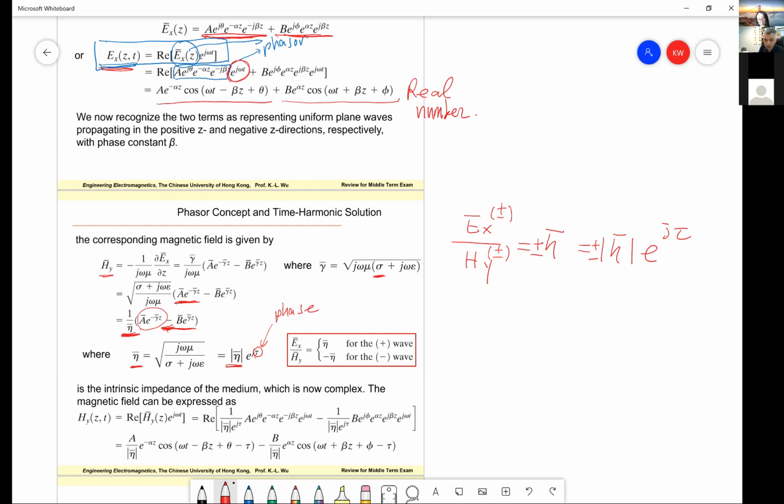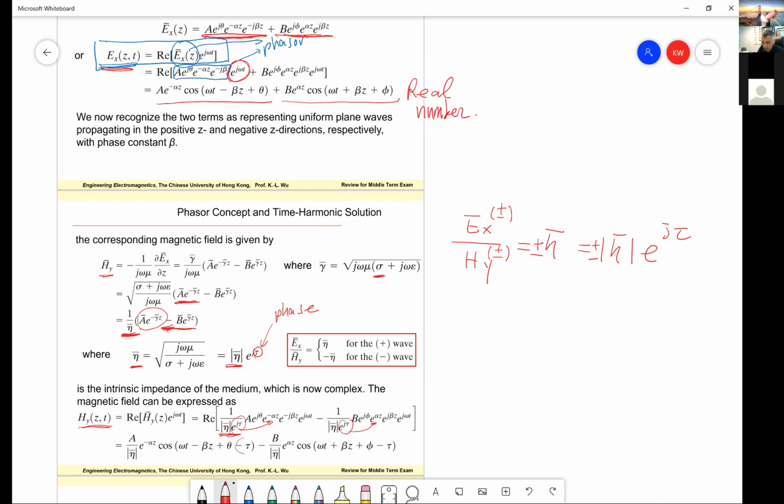When we convert into instantaneous expression, we have to use the complex number and convert this phase into the imaginary part.